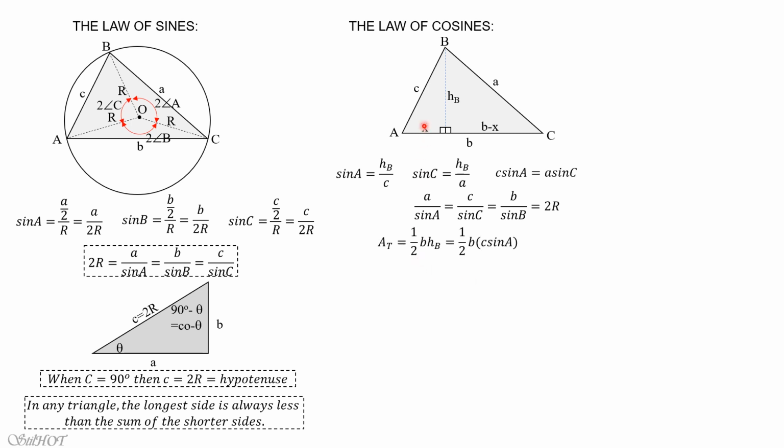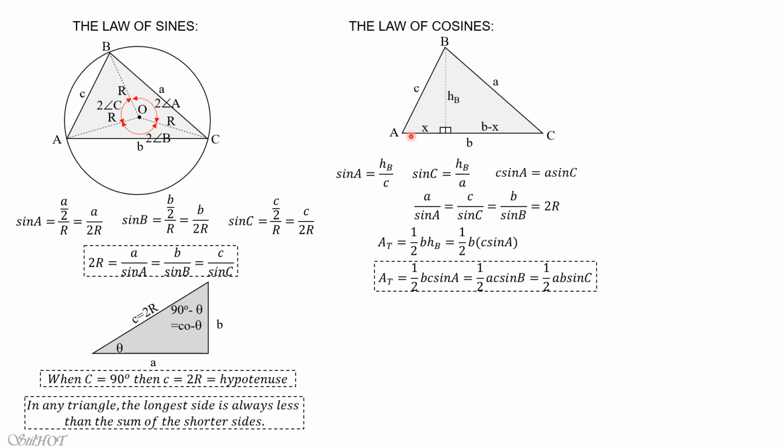Then the area of the triangle is 1/2 base times height. In this case, 1/2 b times h sub B. And we know that h sub B is c sine angle A. Therefore, the area of the triangle is simply 1/2 bc sine angle A. But do not memorize it that way. Memorize the area of the triangle this way, it's very simple to remember: it's 1/2 the product of adjacent sides times the sine of the angle included between those sides.